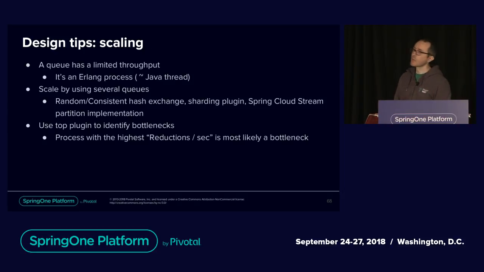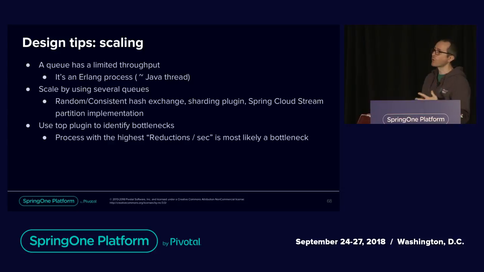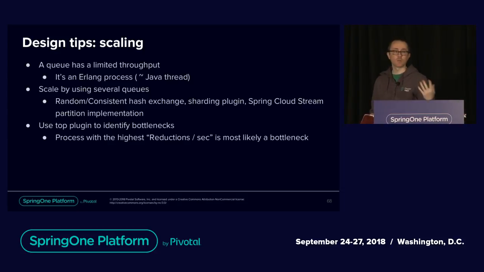Something that comes quite often too is scaling with Rabbit. We sometimes observe the big giant queue anti-pattern, so you have a cluster with only 1 queue. You have to know that a queue is basically an Erlang process.